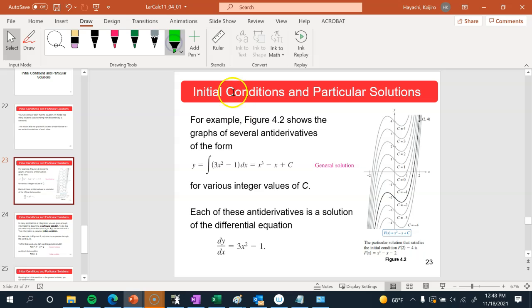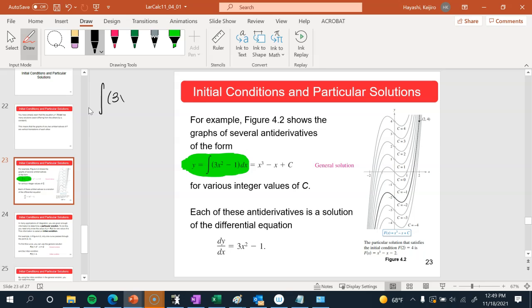So let's say we're trying to solve this integral, this question of what original function has 3x squared minus 1 as its derivative. The way it would be done is you're trying to find the integral of 3x squared minus 1 with respect to x.